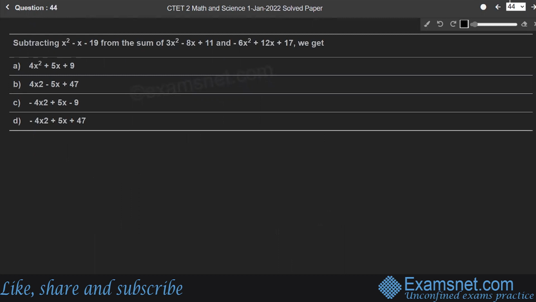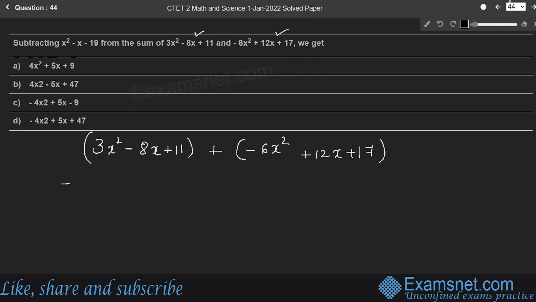Subtracting x square minus x minus 19 from the sum of 3x square minus 8x plus 11 and minus 6x square plus 12x plus 17, we get... Let us find the sum of the second and third term, that is 3x square minus 8x plus 11 plus minus 6x square plus 12x plus 17.